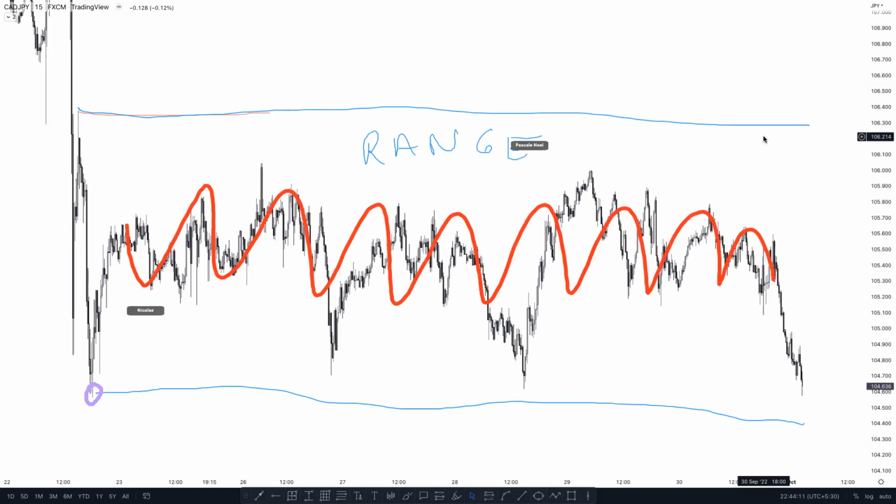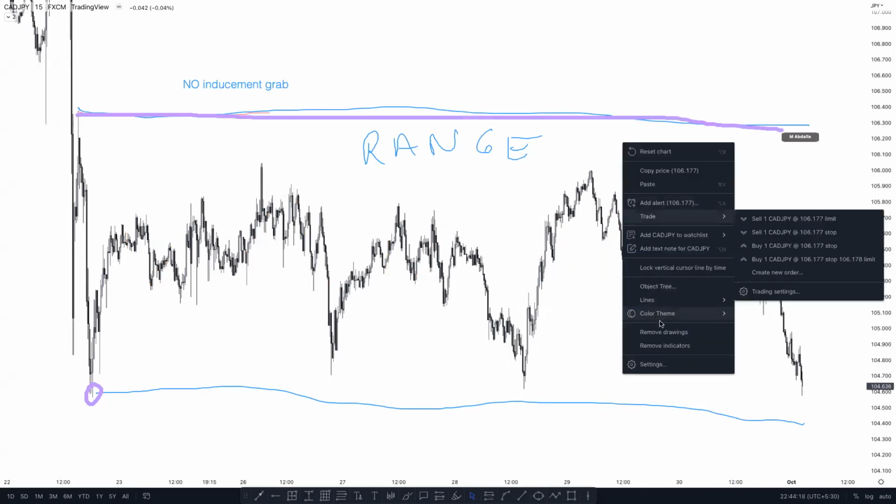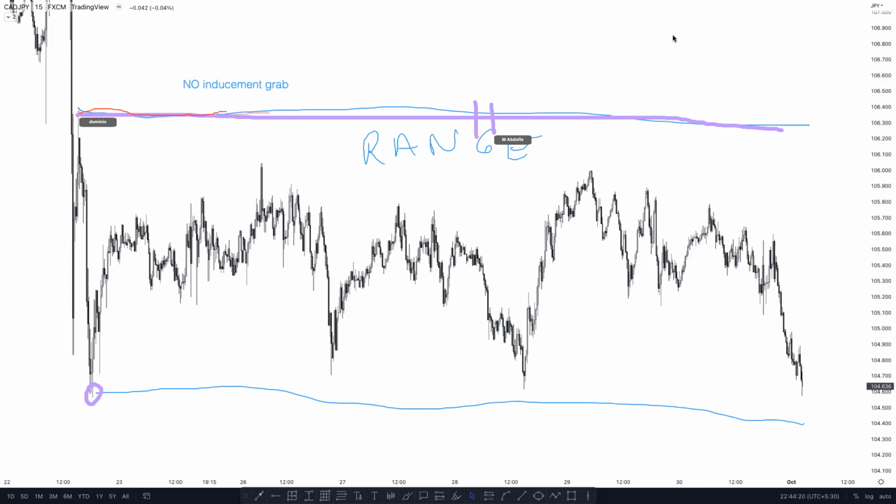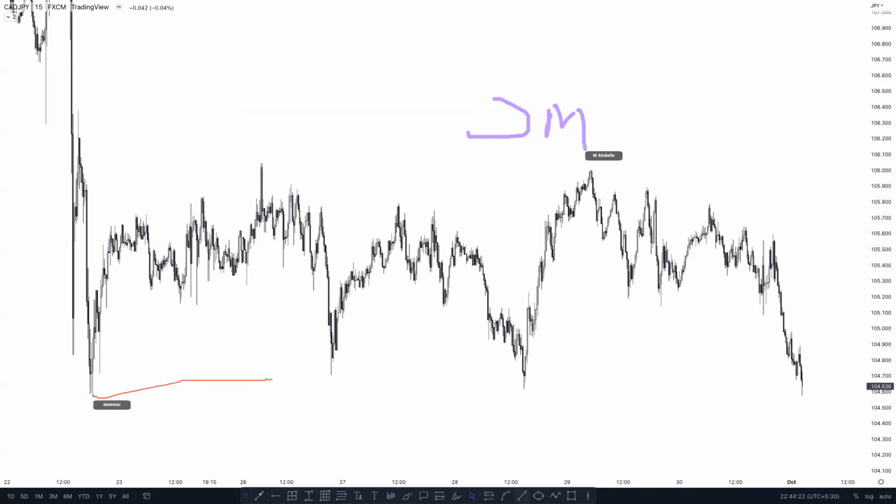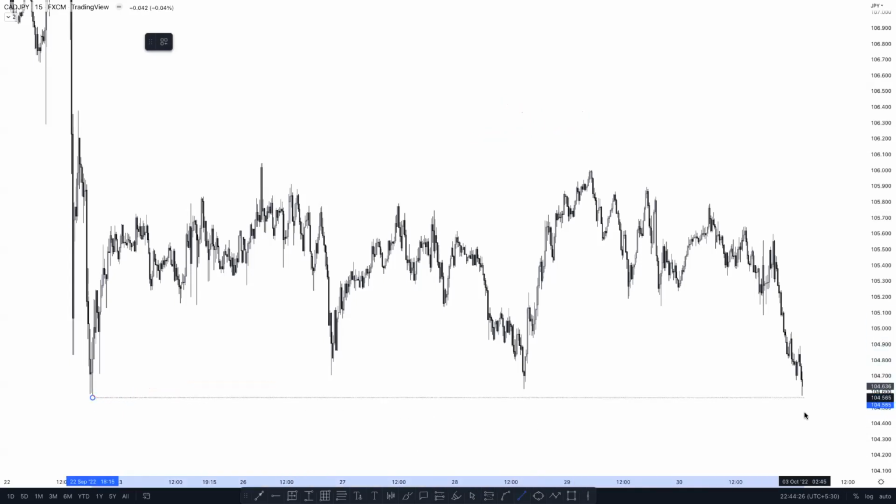Exactly. Price is ranging. The market did not take out the inducement, nor break the previous low. So right now the picture is bearish, but the market did not take out the inducement or the previous low, which is here, right? And now it's very close.